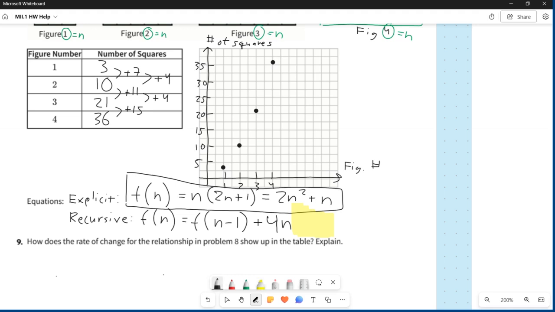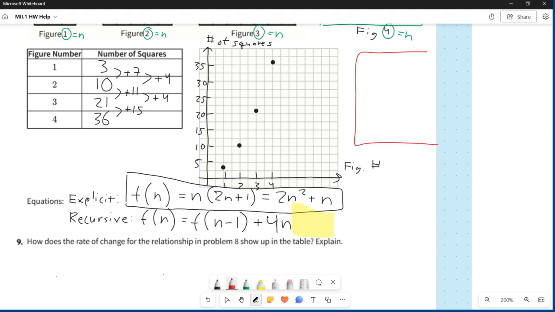There's a number of different ways that we can get this. In my opinion, I think the easiest way to do this is to look at my first two figures and figure out, all right, how would we need to modify this equation in order to finish out this recursive formula? So if I want figure 2, if I want f of n, I'm going to do a little box over here of some side work.